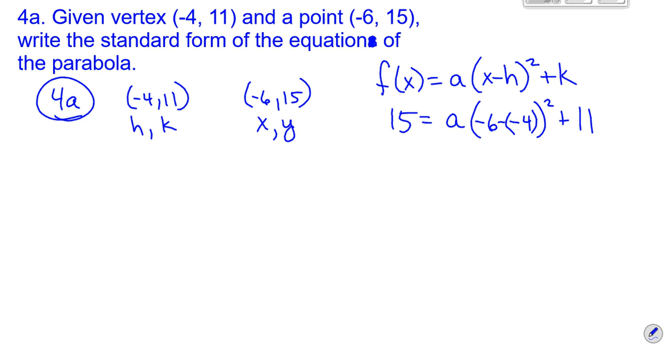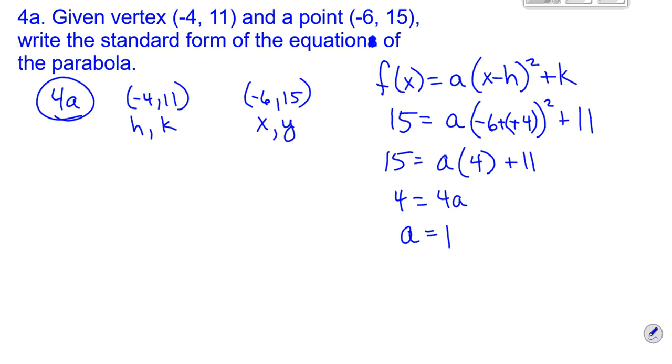Now we just figure out what all this is. We've got 15 equals a times, when I make that plus a positive, (-2) squared, which is 4, plus 11. So I'm going to write that as 4a. Subtract 11 from both sides: 4 equals 4a. Divide by 4, and a equals 1.